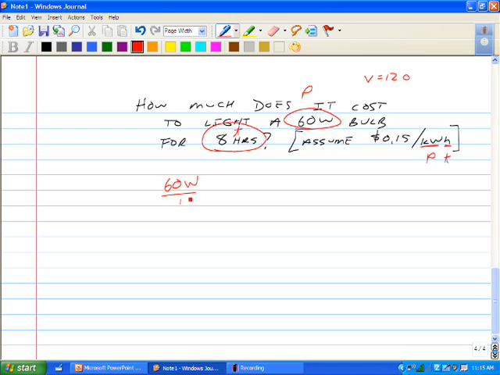I have 60 watts and I need it in kilowatts, so I'm going to use my unit conversion technique here: 1,000 watts is the same as 1 kilowatt. So 60 watts is 0.06 kilowatts.